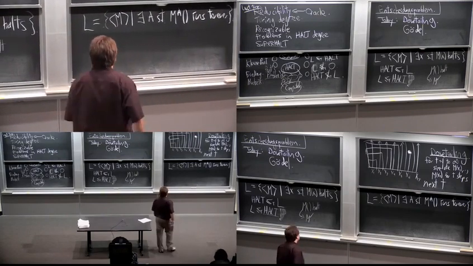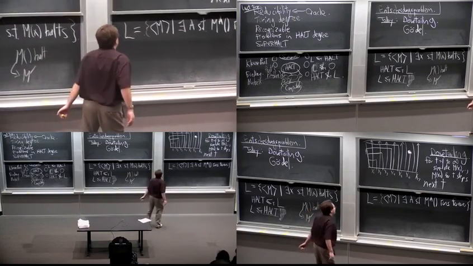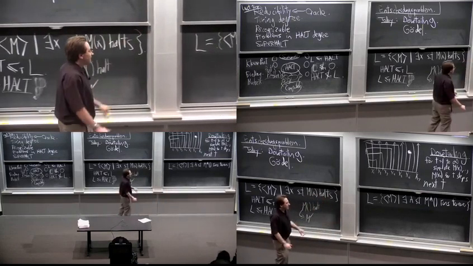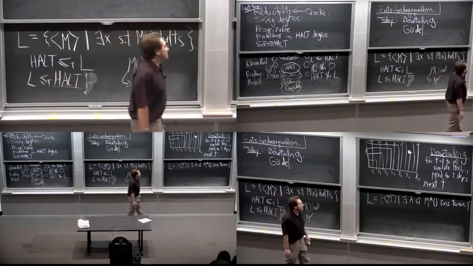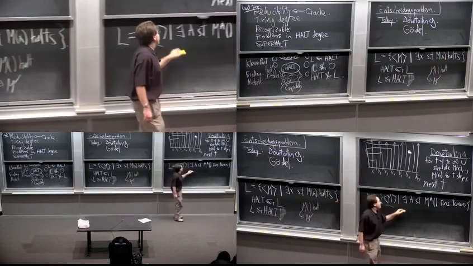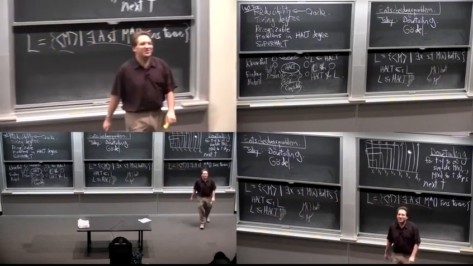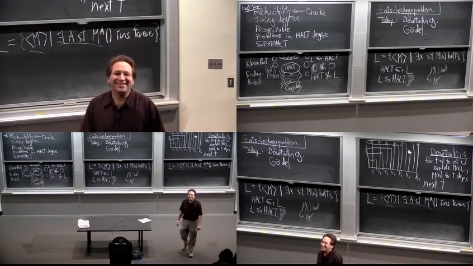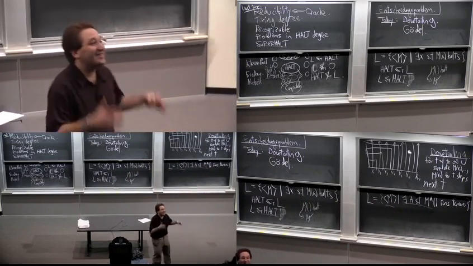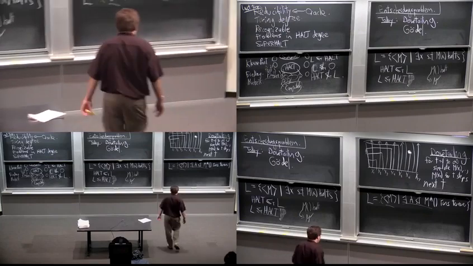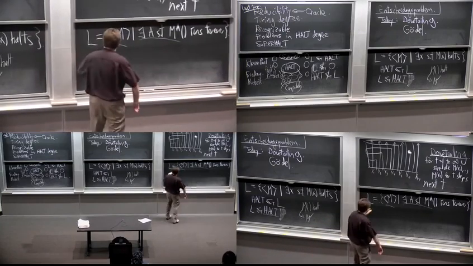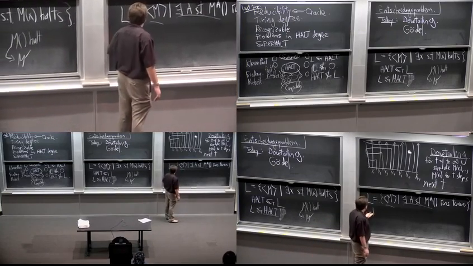And now we consider the language consisting of all programs for which there is some oracle that causes them to run forever. That sounds like a weird thing to wrap your head around, right?